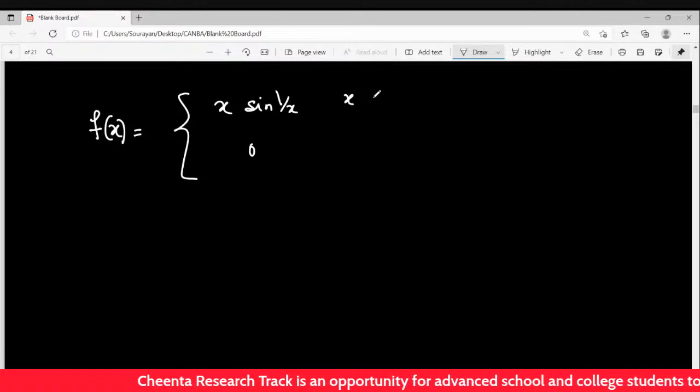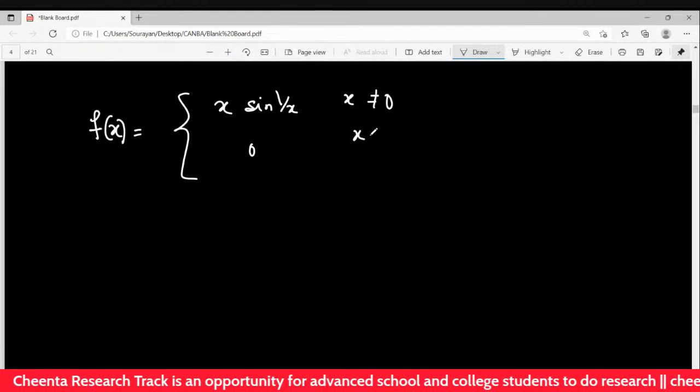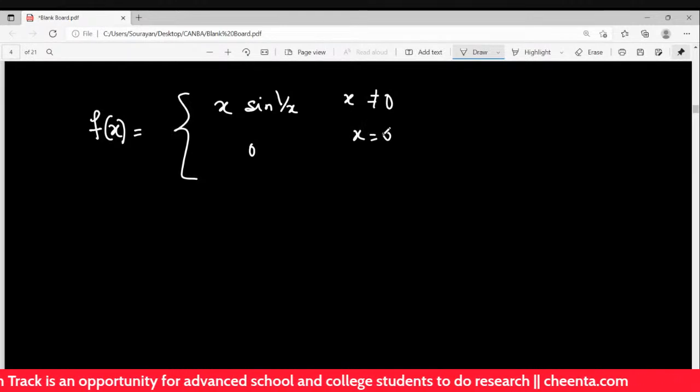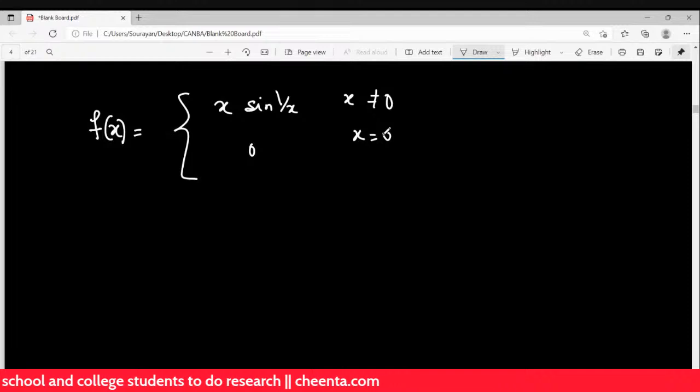So problem child means what is the problem. So suppose these type of functions are given. Let's say x sine 1 by x when x is not equal to 0, and 0 when x is 0. Okay. So suppose you want to figure out the continuity. So I hope that this is the type of problem that you're talking about.